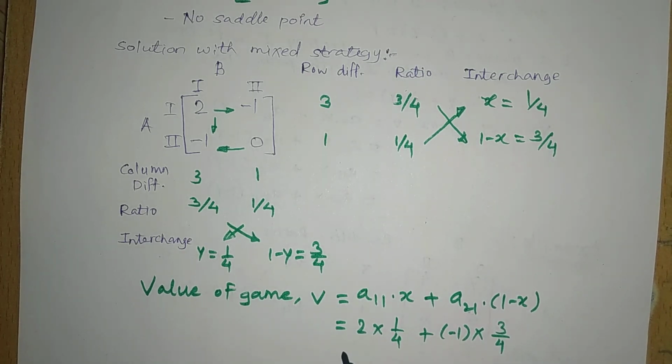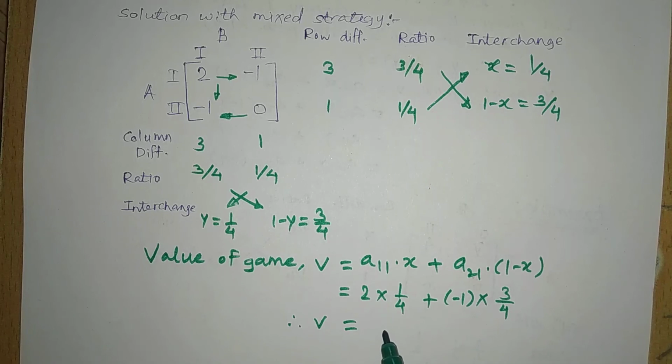So V equals (2 minus 3) upon 4, that is -1 by 4. So this is the value of game.